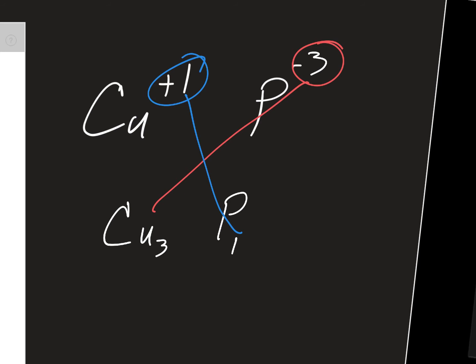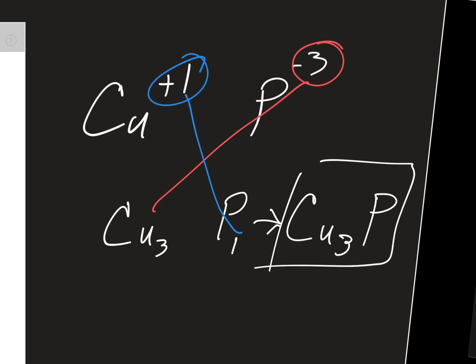And this is one of the reducing rules where I said, okay, 3, it doesn't reduce anymore, but I wouldn't have the symbol P if I didn't have at least 1. So a 1 there is redundant. And so that's why I'm going to rewrite it as Cu3P. And that's the answer I need.